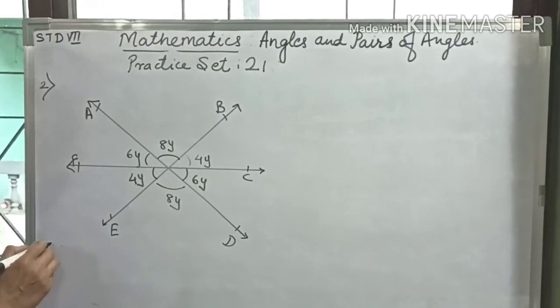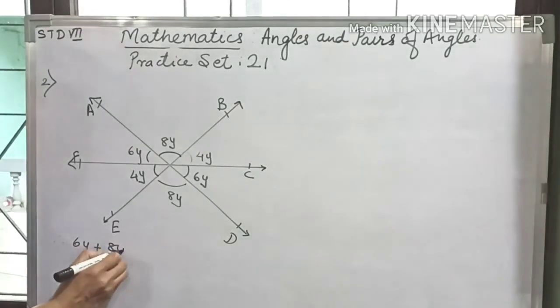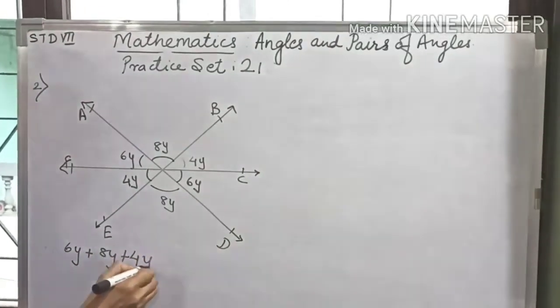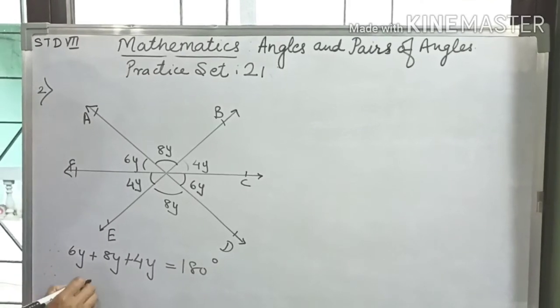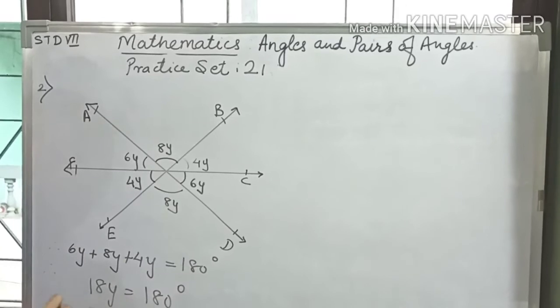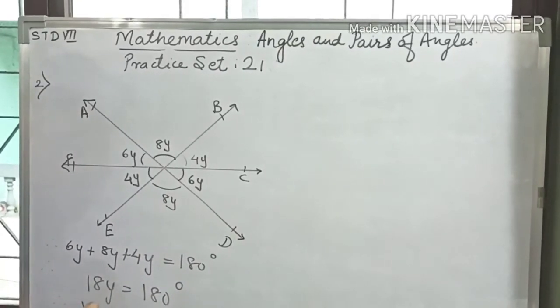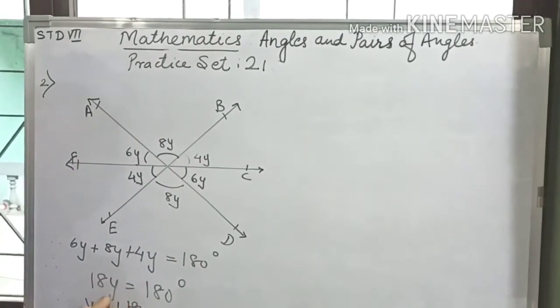Therefore, we can write the equation 6y plus 8y plus 4y is equal to 180 degrees. Therefore, 18y is equal to 180 degrees. Therefore, y is equal to 180 upon 18, that is 10 degrees.